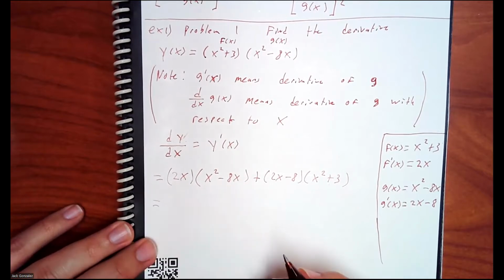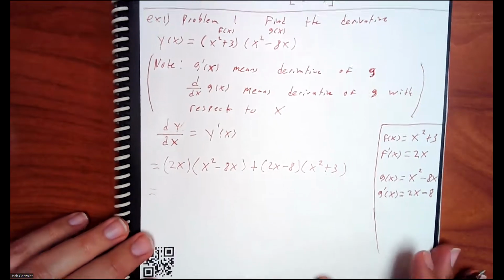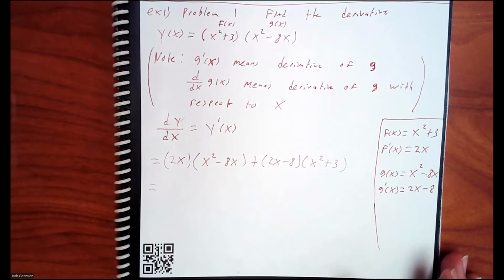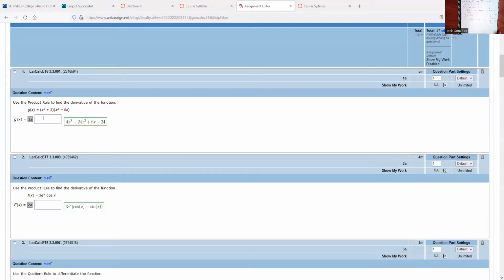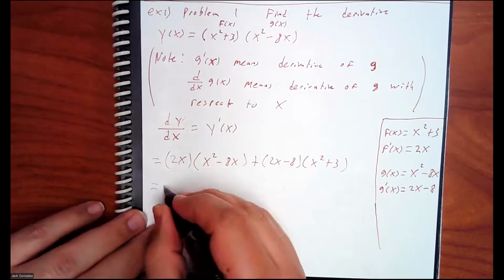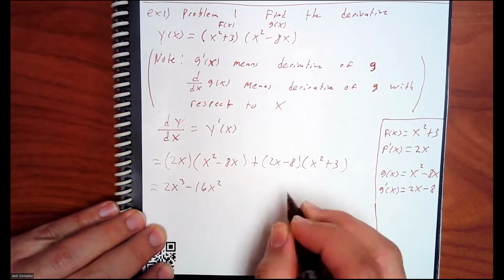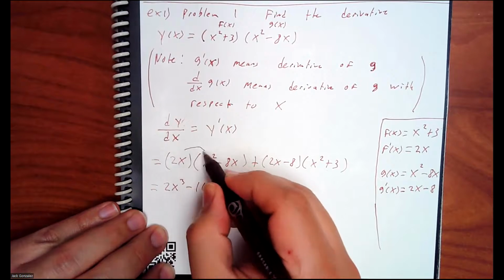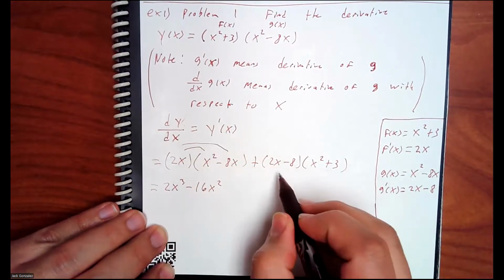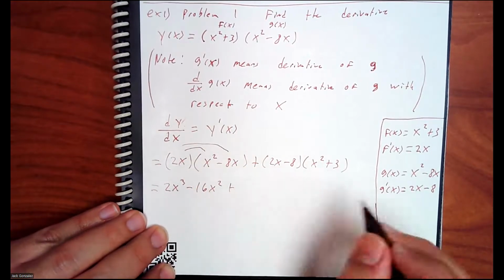Now we should probably multiply it out and combine like terms. I believe that's what they did. Let's check. They have the same numbers? Yeah, cool. Yeah, they multiplied it all out. So let's do it. So 2x cubed minus 16x squared. Distribute that guy here. FOIL or multiply that out, however you want to think about it.